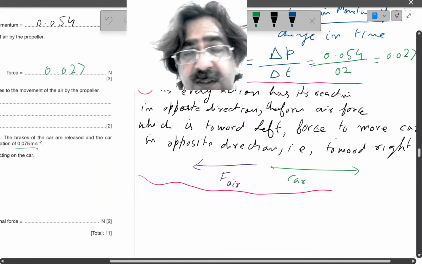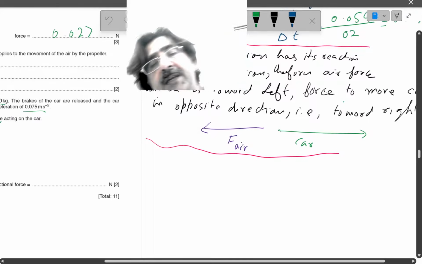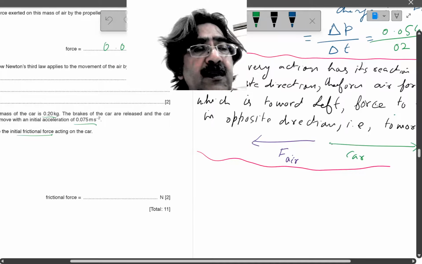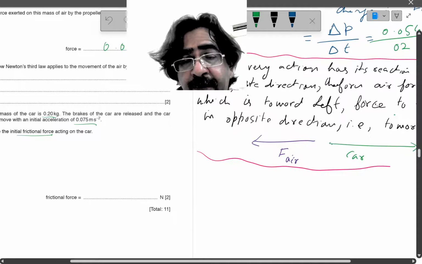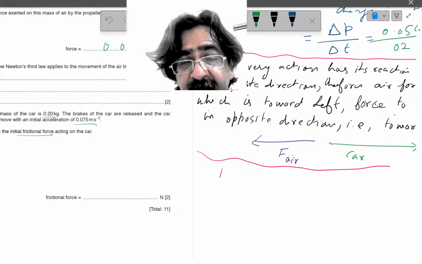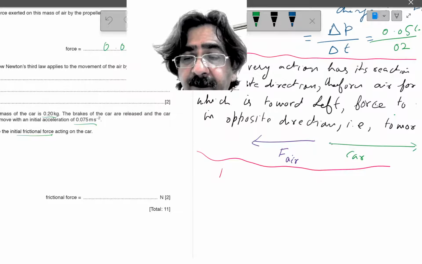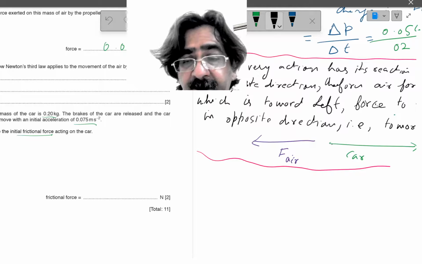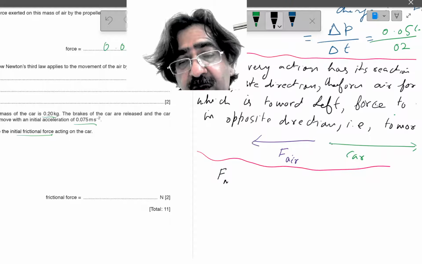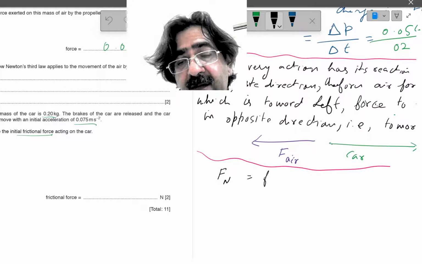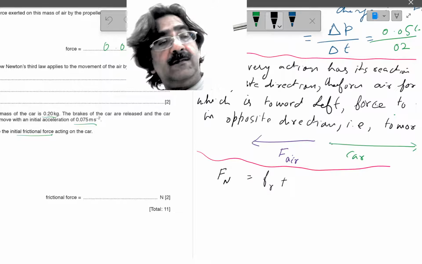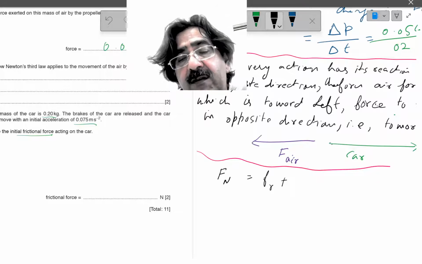That is a very good question. As we know, the net force on the car will be equal to the force of friction plus the force of air, because there are two forces.